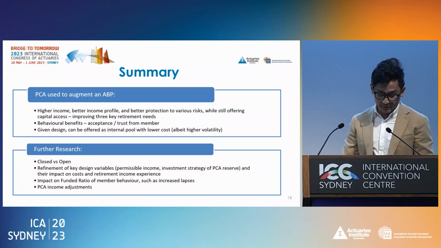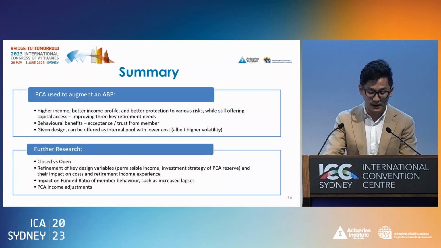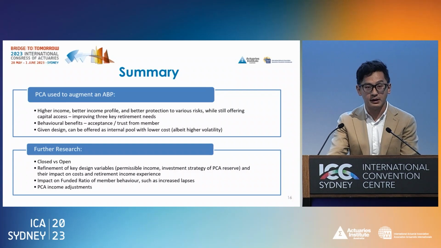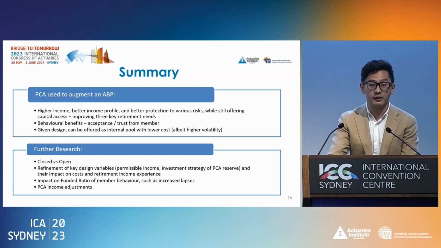So to summarize, we believe PCA can be an effective solution for countries with a dominant DC system, where lifetime income products are either lacking or unpopular. And in Australia, a properly designed and tested PCA can be a valuable low-cost add-on to the account-based pension, which is already offered by most funds.